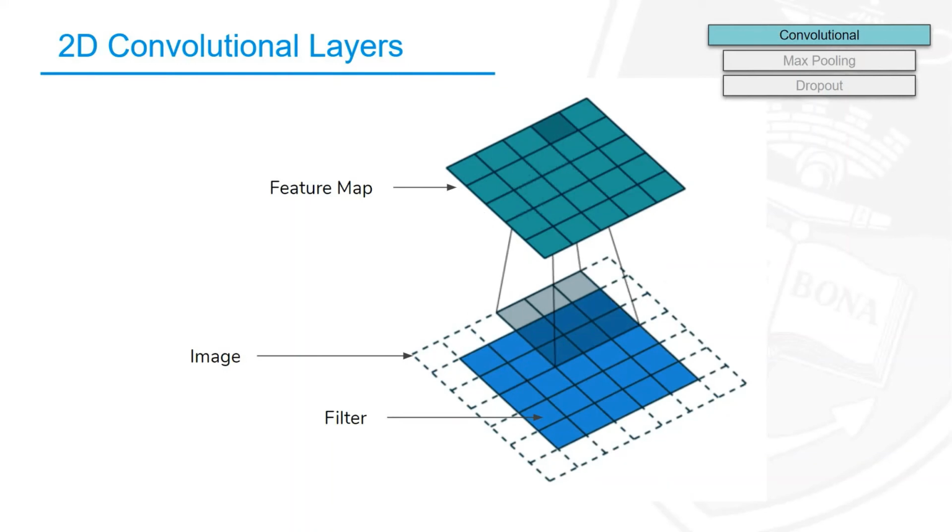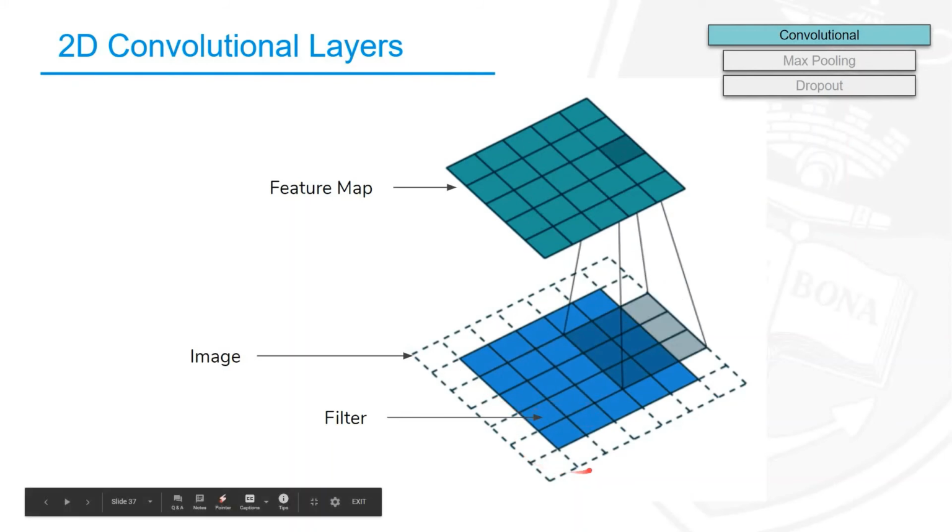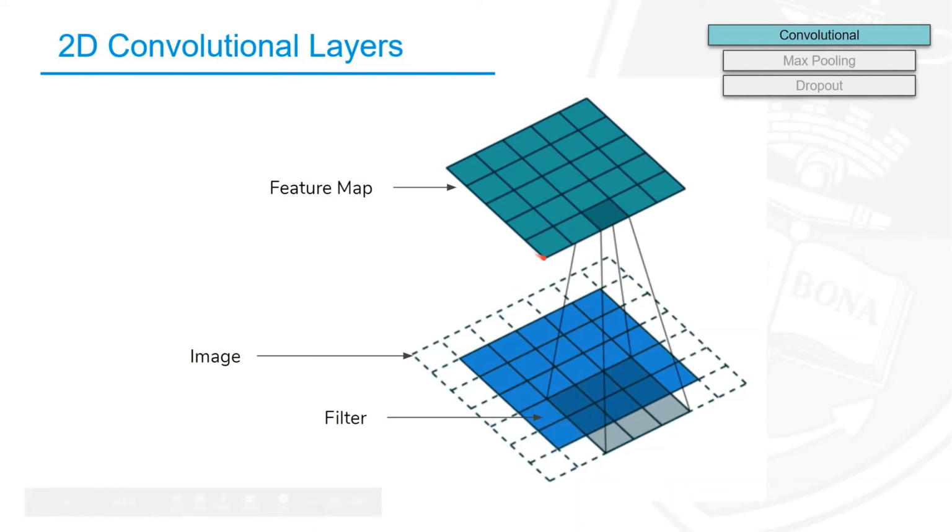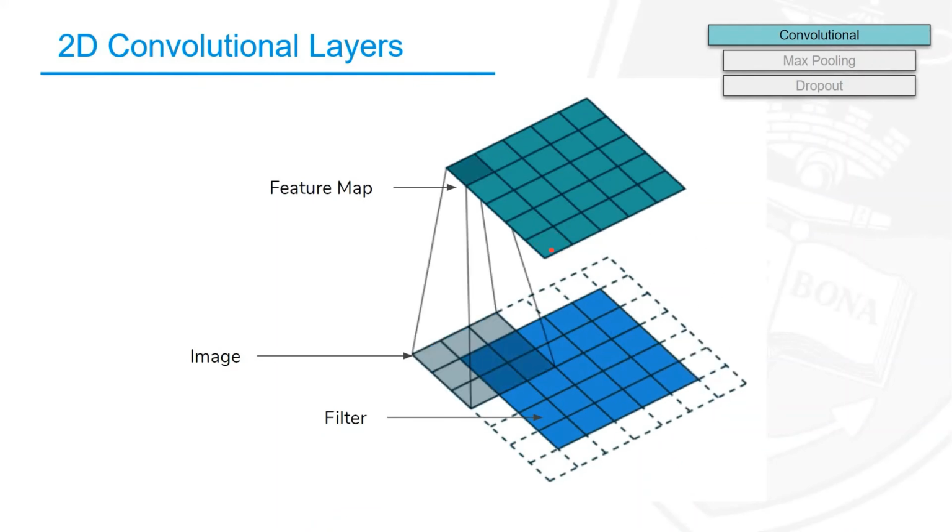When that image matches a certain feature, it projects up into what is called a feature map, and that feature is then highlighted. So if it notices, for example, a wheel in the bottom corner here, as soon as the filter goes over those 4 squares and identifies a wheel, it will project up into this quadrant here and inform the feature map that they have detected a specific feature.